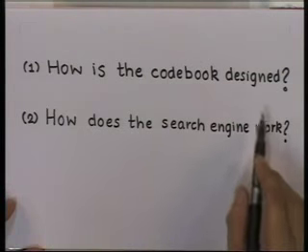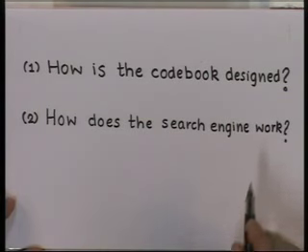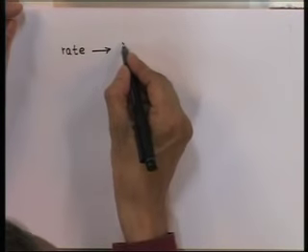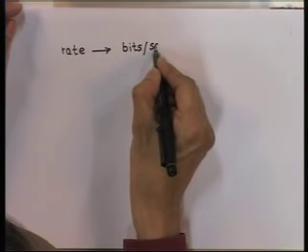Before we make an attempt to answer these questions, let us briefly discuss the terminology associated with vector quantization. As usual, the amount of compression will be described in terms of the rate, and this rate is measured in bits per sample.